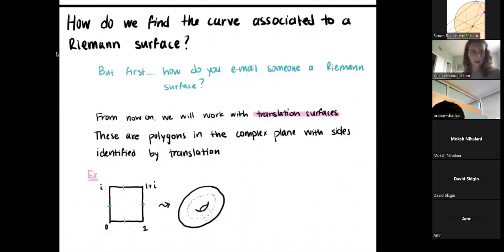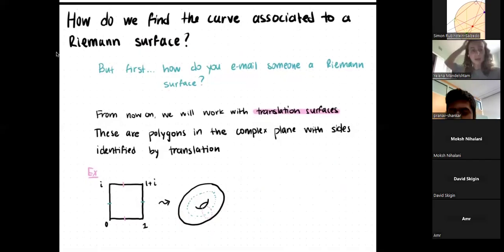Are all surfaces of the same genus homeomorphic to each other? If they're smooth and orientable, yes. That's something you'll learn early on in your topology class. But that's a big theorem.